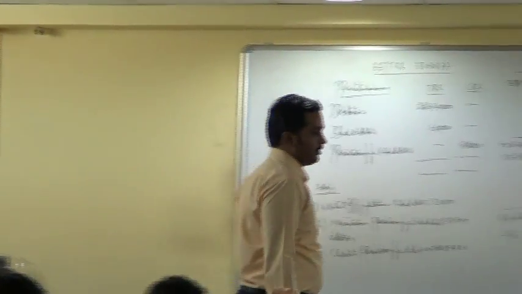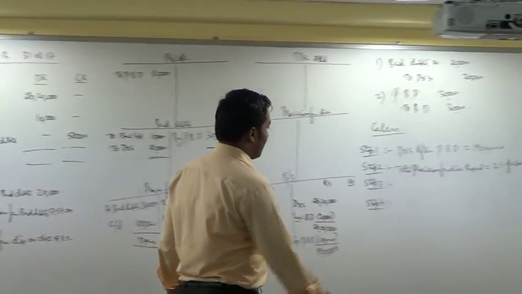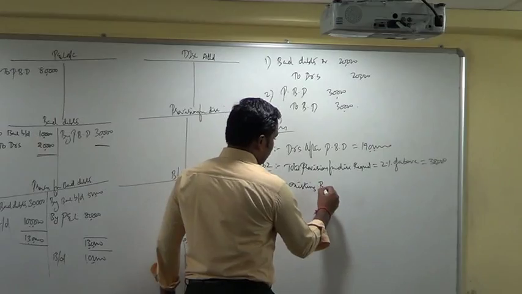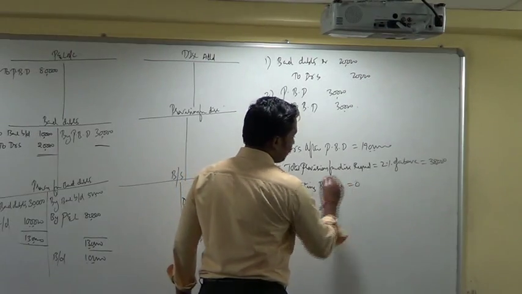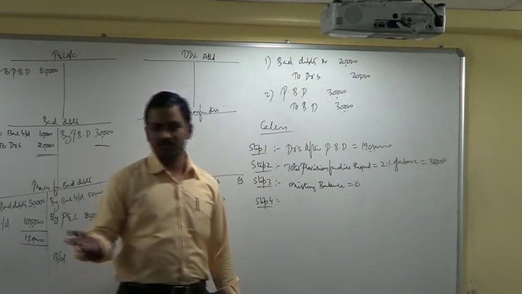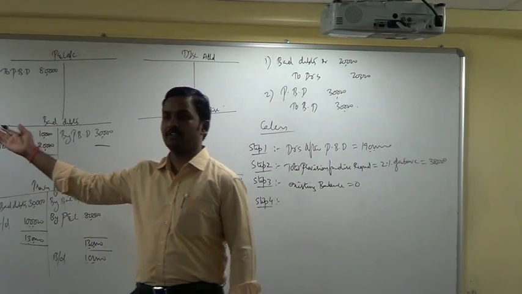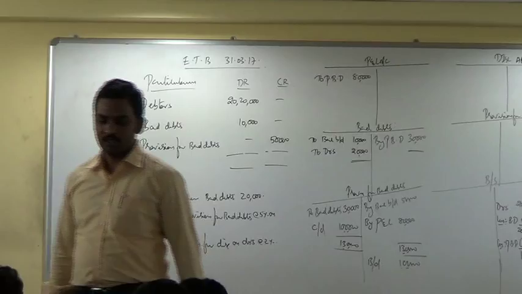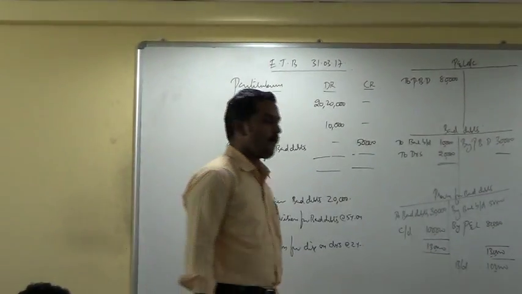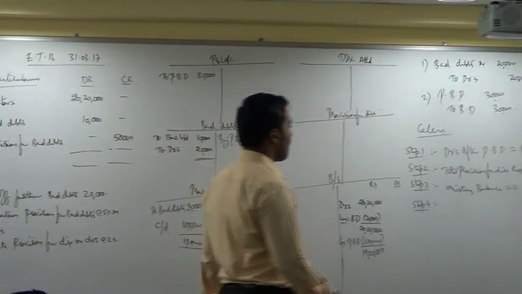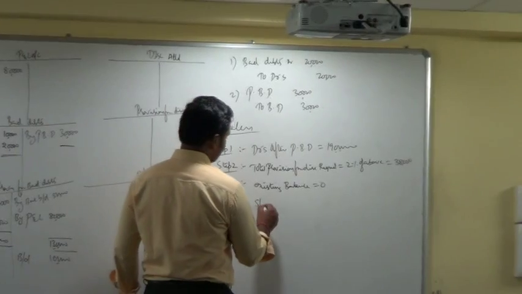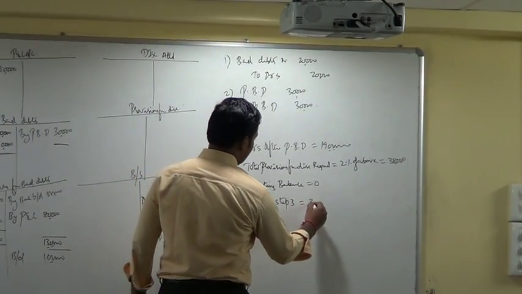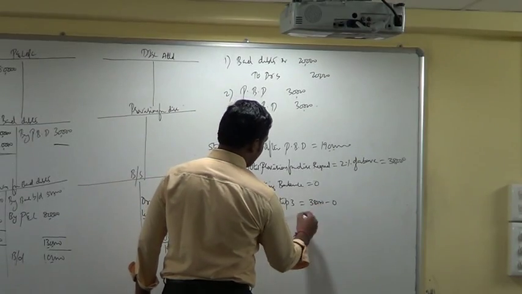Step 3. Existing balance 0. This is the first time we are creating a provision. See your trial balance. Can you see any provision for discount balance? No. Hence balance is 0. Step 4. Step 2 minus step 3. 38,000 minus 0.